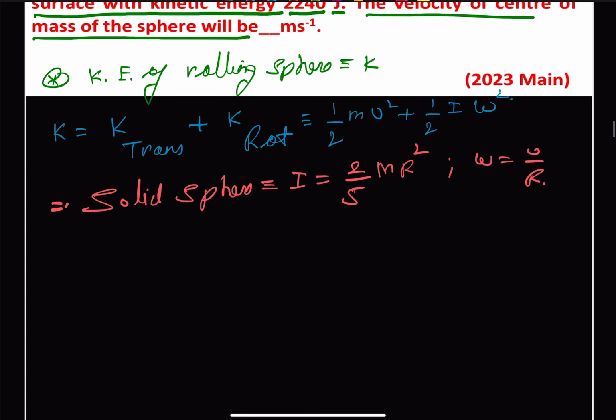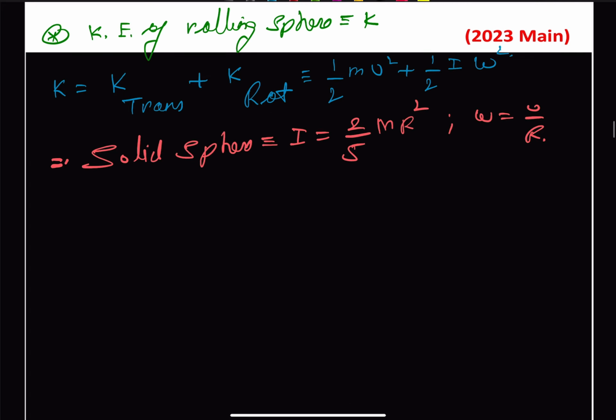So we substitute all these respective things and we get that our kinetic energy K will be equal to half m v square plus half 2 by 5 mr square, and this comes as v upon r whole square.